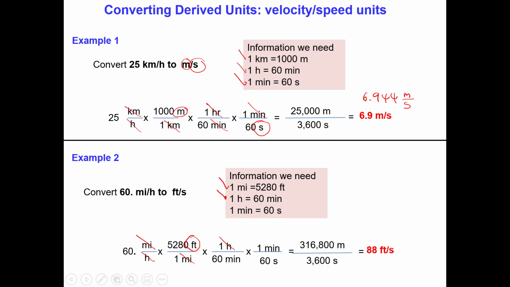But now we don't want the answer in minutes. We want the answer in seconds. Then we need to use the third conversion factor. Yes, this one is right here. And we should write 1 minute over 60 seconds. It's the only way we can cancel out the minutes. And now we had the answer in seconds.